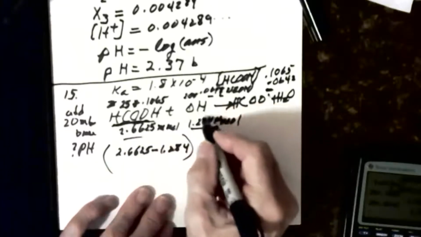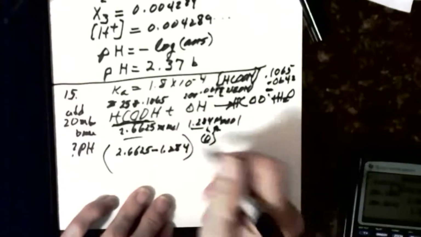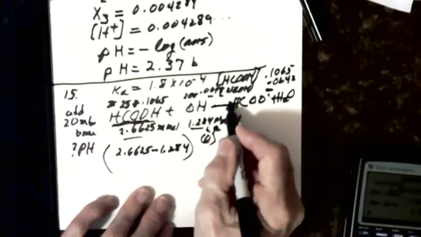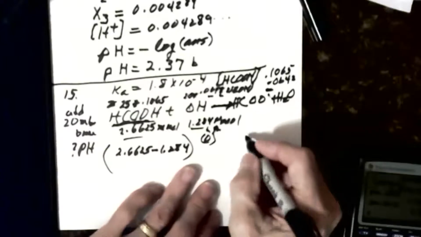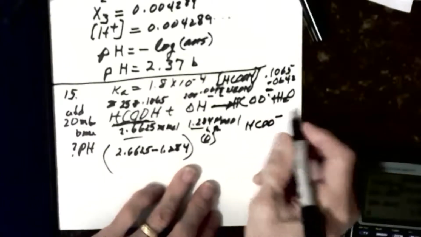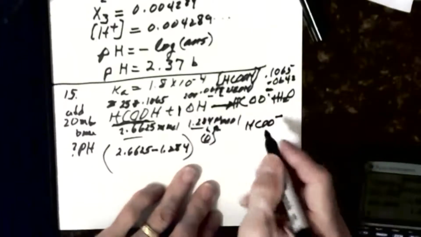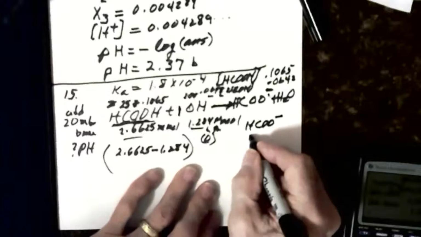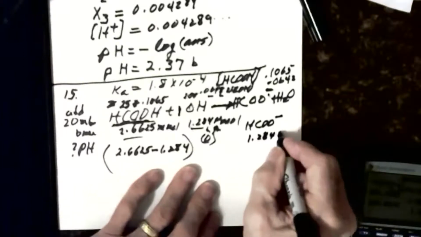When this is all reacted, there won't be any NaOH or hydroxide left. Remember, this is not an equilibrium. It goes to completion. So how many moles of formate will I have? My HCOO minus is going to be the same as the number of moles of base that I actually used, so it's going to be 1.284 millimoles.